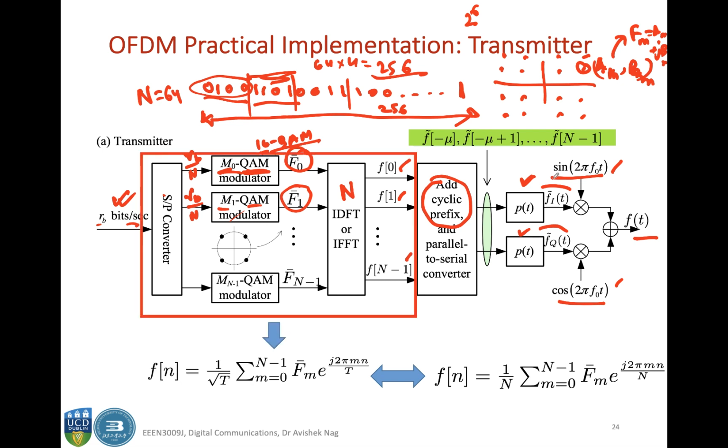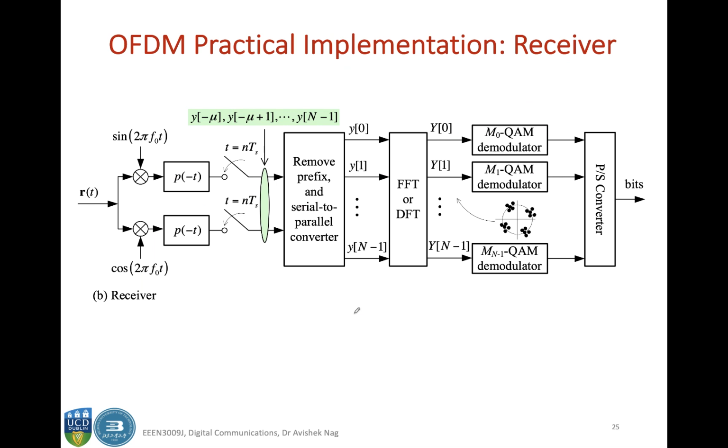This part actually generates this, which is equivalent to this. So this is basically the IDFT part. We are doing an N-point IDFT to eliminate the usage of all those N oscillators, which is not practical anyway. This is how the OFDM transmitter works. In the receiver we just do the opposite.